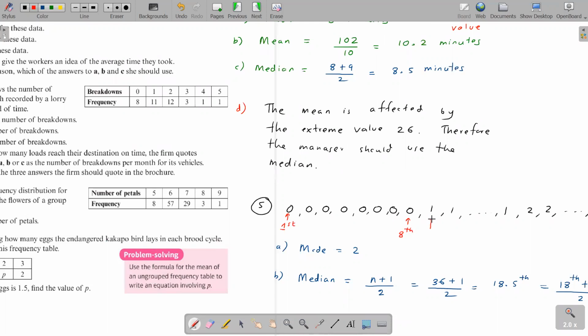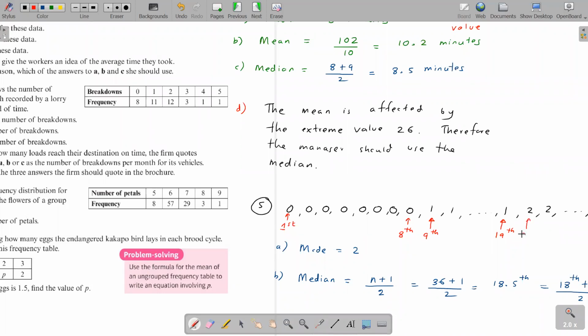And this 1, you start here, 1 as the 9th term. So where does the 1 end? Which term? You have to add the 8 plus 11 here, isn't it? Because 1 is repeated 11 times. So if there are 11 ones here, you have to add it to the 8 before. 8 plus 11, how much is it? 19. So you can see the last one is the 19th term.